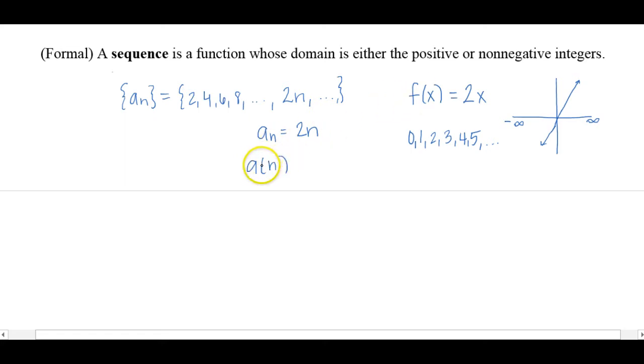But instead of the parentheses notation that f of x uses, we actually use subscript notation for the general term of a sequence formally. It's really to help distinguish that we aren't plugging in every possible number of the domain like we would in a typical function. Our domain is restricted to either starting at 0 or starting at 1, and all of the integers from then on.